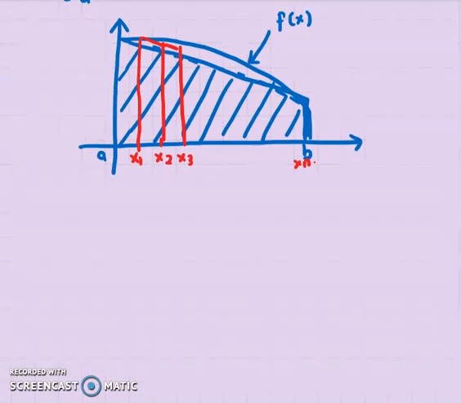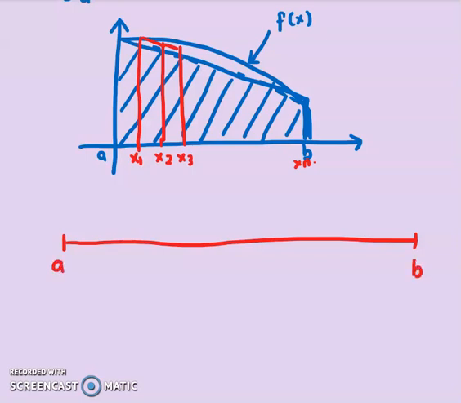For the interval from a to b, where a is x0 and b is xn, I can divide each of these intervals with a step length called h.